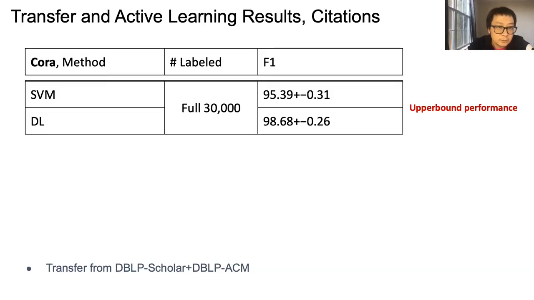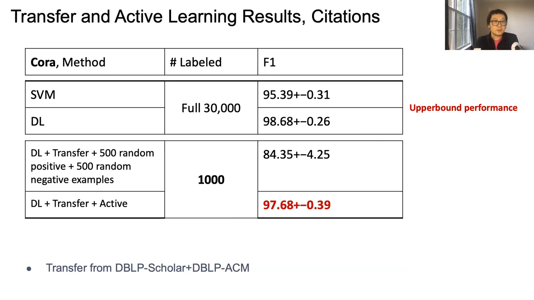So there are close to 30,000 labeled examples, and we get the F1 score. So basically this can be seen as the upper bound performance of the supervised approach, even the supervised deep learning approach, right? Because they are using the full training data.